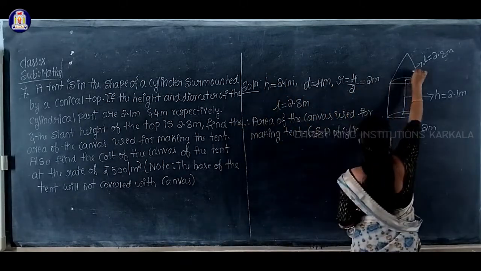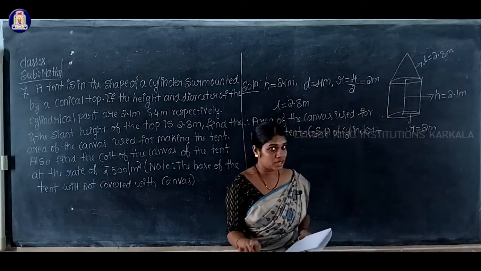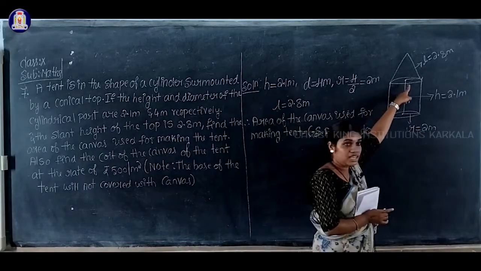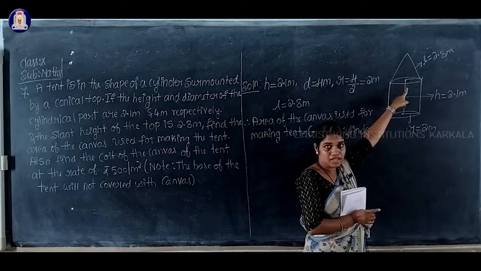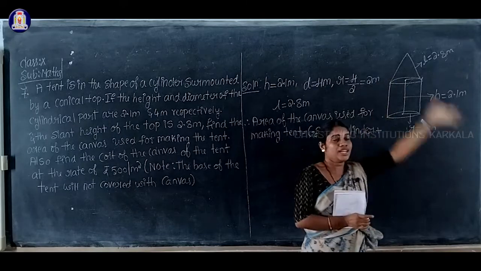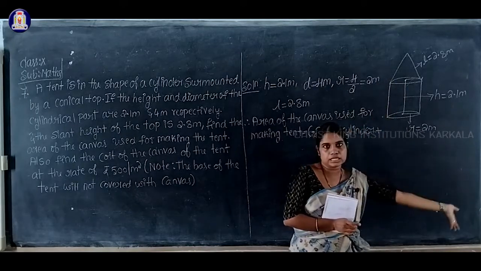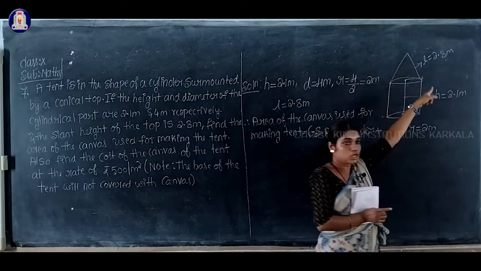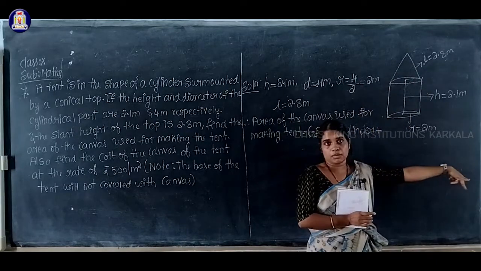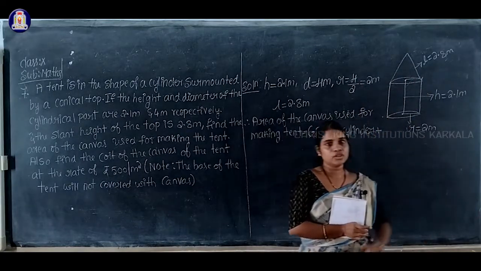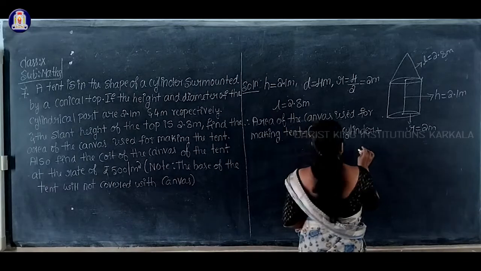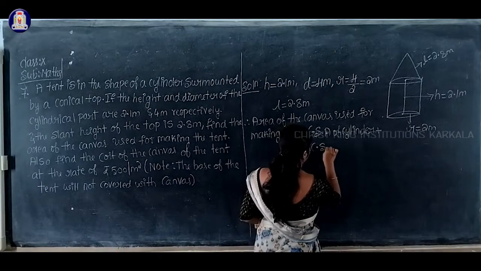Top is cone, isn't it? So once again, I don't want the base. I cannot cover the base here. Canvas means it is only for the outer portion, isn't it? Outer portion is nothing but CSA of cone.